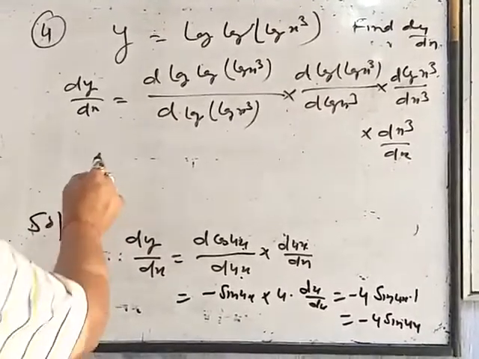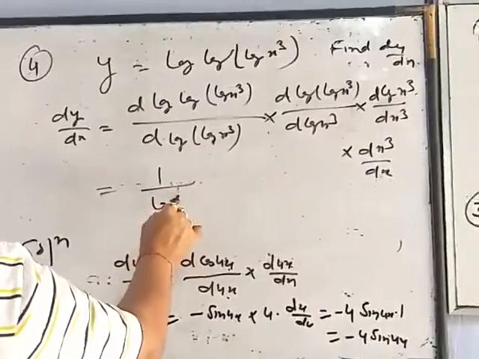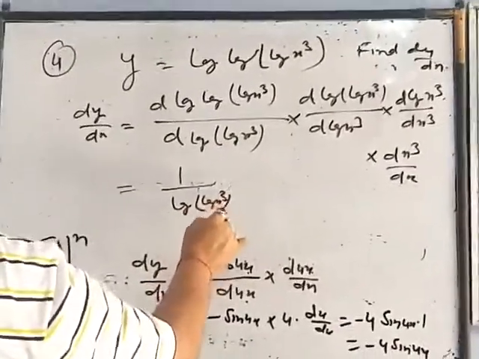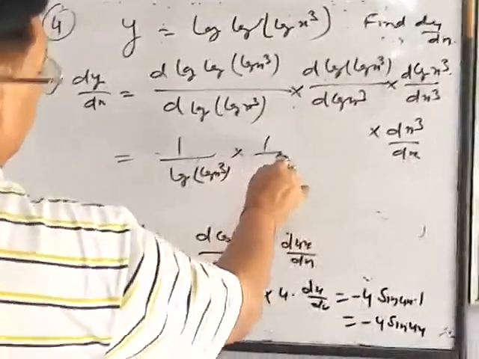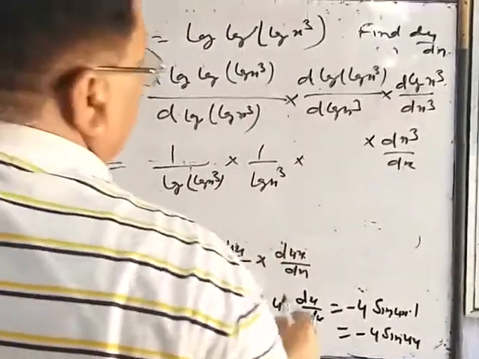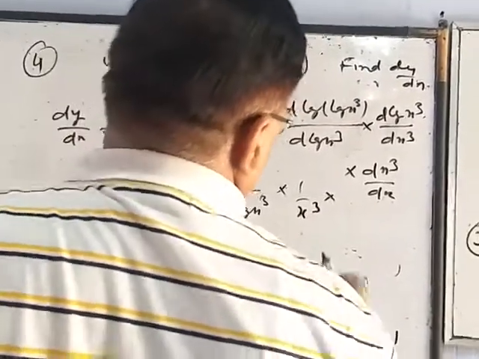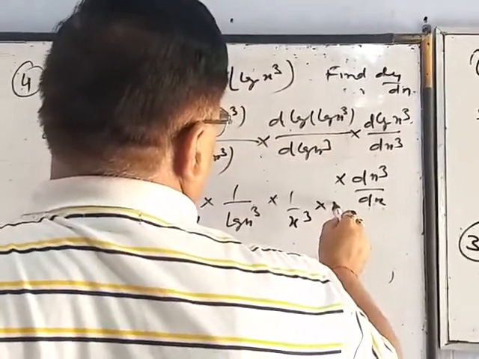So this will be 1 by log x cube, it is 1 by x cube, and it is 3x square.